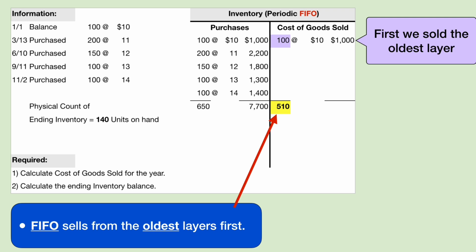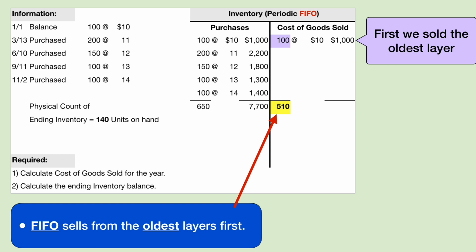Step 2, we do a physical count. We have 140 units on hand. 650 minus 140 that we still have equals 510 sold. So that's the first 3 steps.